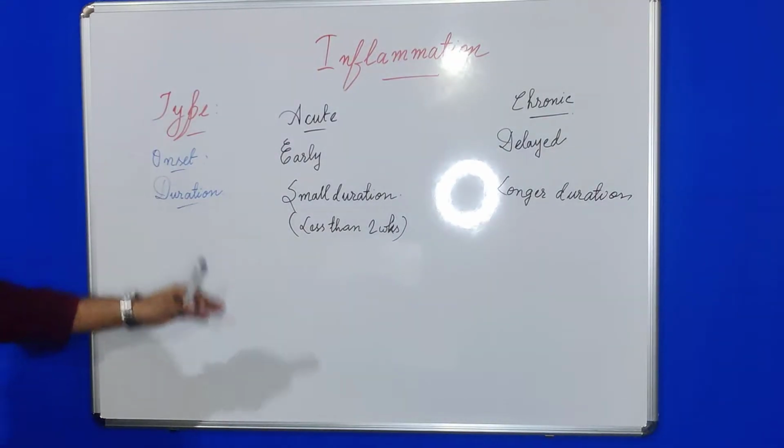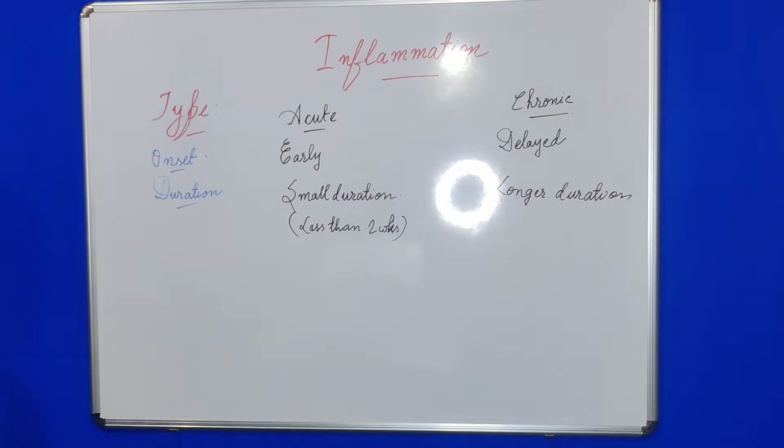So acute is early in onset but smaller in duration, and chronic is delayed in onset and longer in duration.